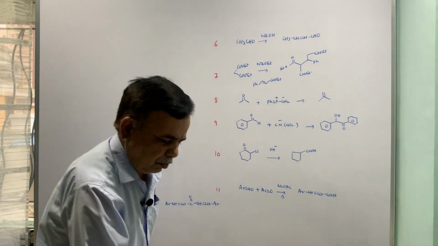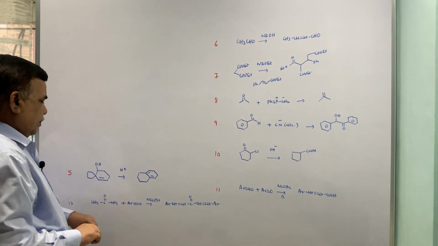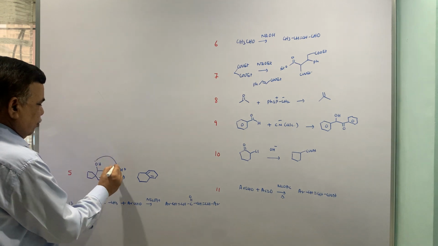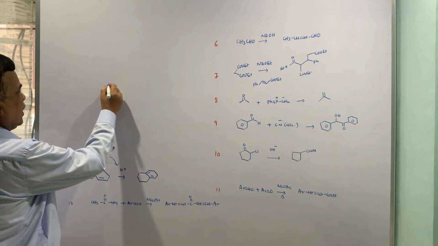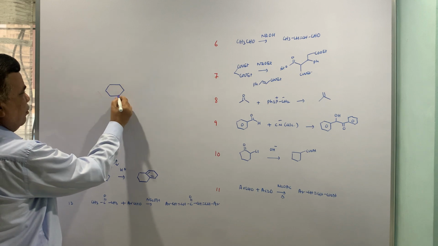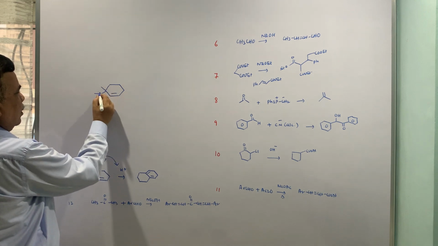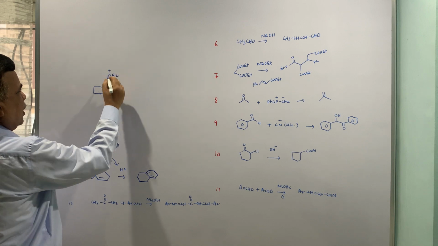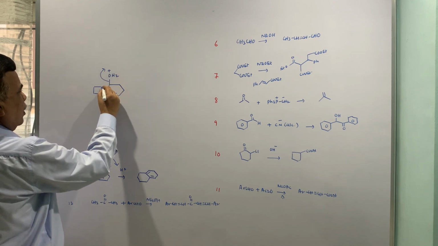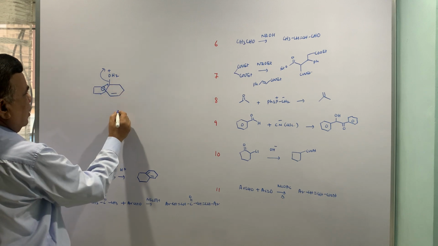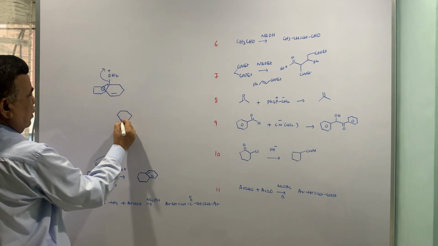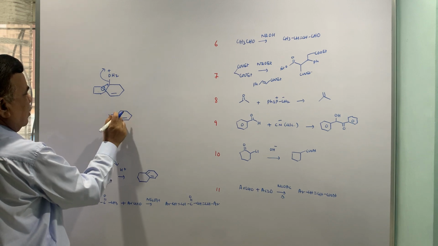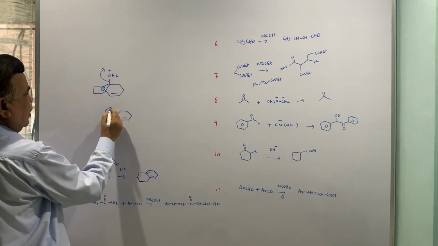Now, moving to the next example. Here if you are asked to show the mechanism, then this is the best method by which you can show it. Initially this becomes OH2 plus, when this goes off then you will be having, say, this double bond is intact, there is a formation of bond.